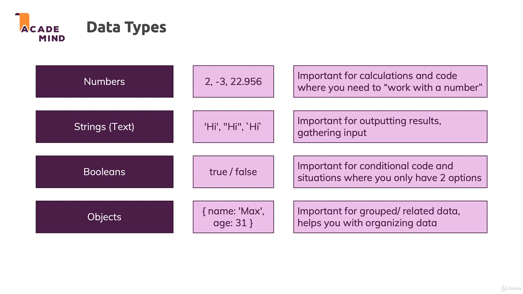Now, as I said, you use it for grouping or relating data. Let's say you have a little program where you work with persons, where you have user data that you kind of need in your JavaScript code. Now, each user might have a name and an age.